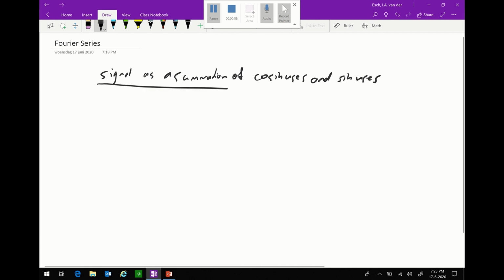Like I said here, the idea of the Fourier series is to represent a signal as a sum of cosinuses and sinuses.